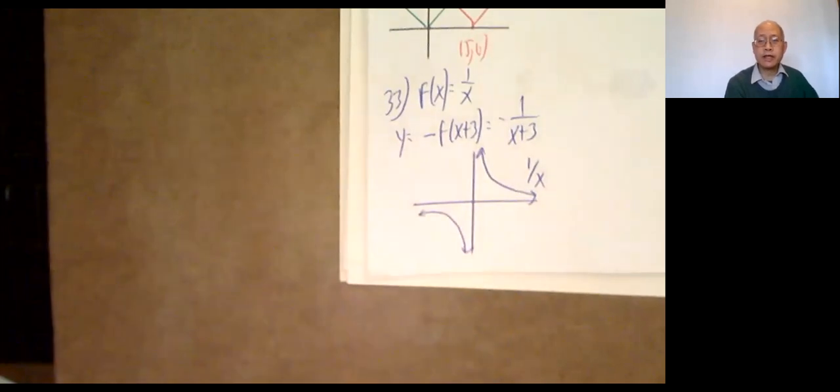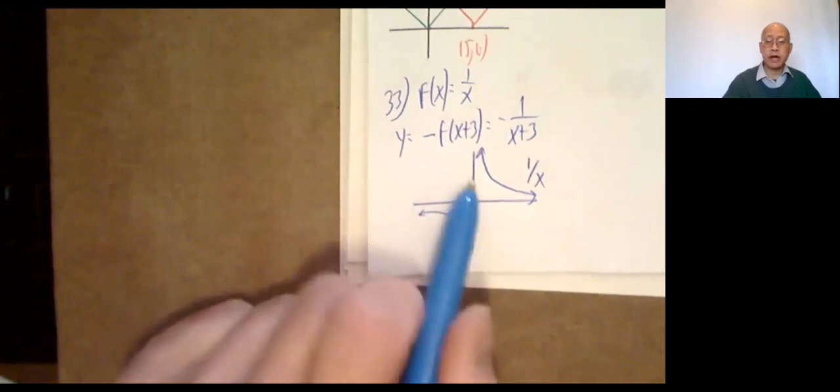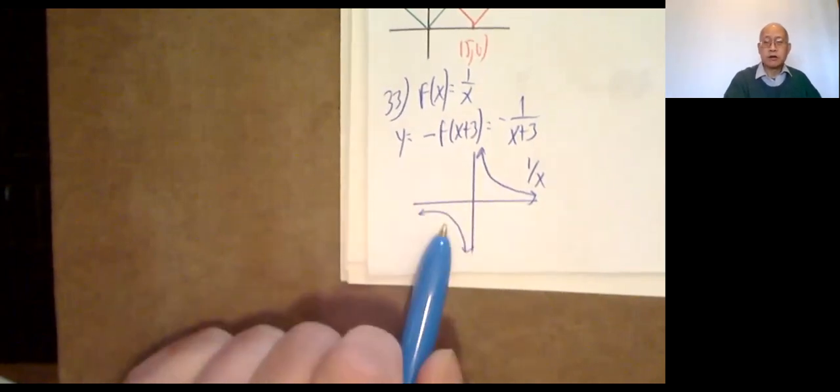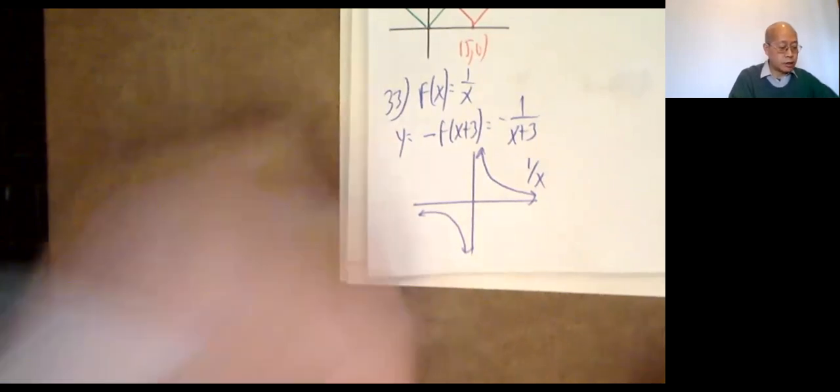So I go 3 left. That's not going to be easy to do here, so I'll have to have a brand new graph for that. But move this 3 to the left, move this 3 to the left, move the whole thing 3 to the left. And we'll just take key points here.